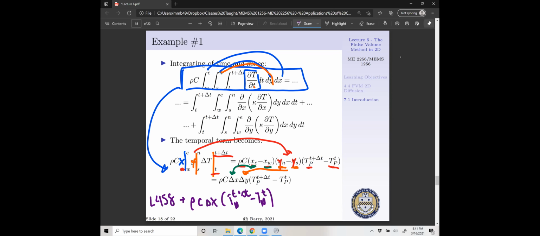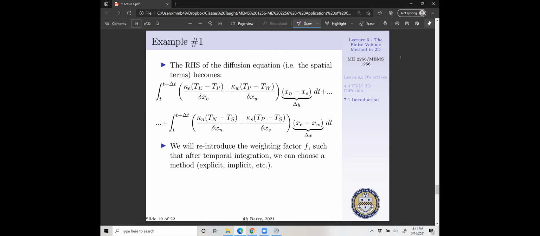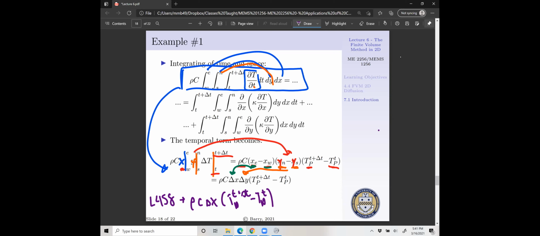We need to handle our spatial terms. And this is where stuff gets fun. So let's look at the right-hand side of our diffusion equation. Now, let me note why we did what we did. So here is our integrand. It's what's inside our integrals. This guy isn't dependent upon y, right?